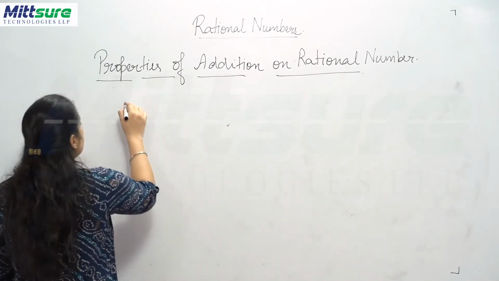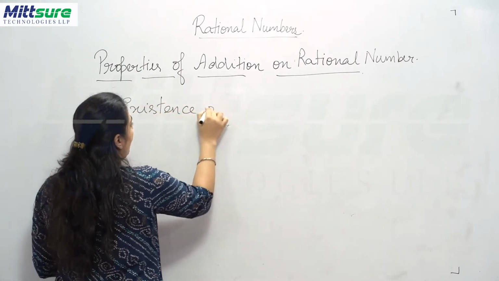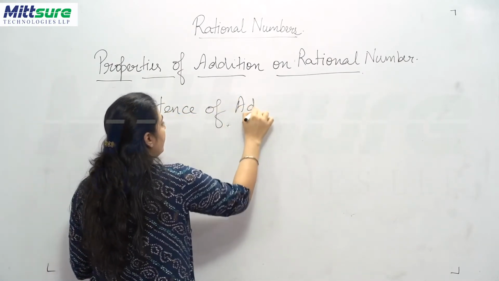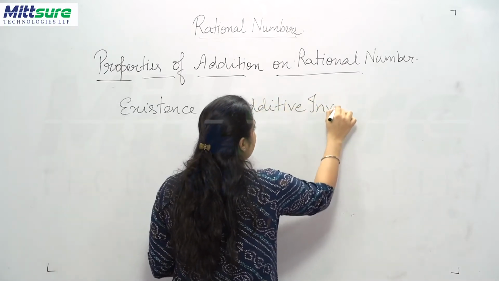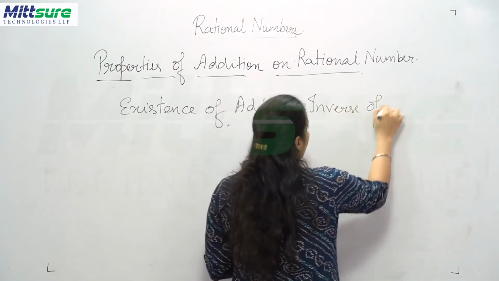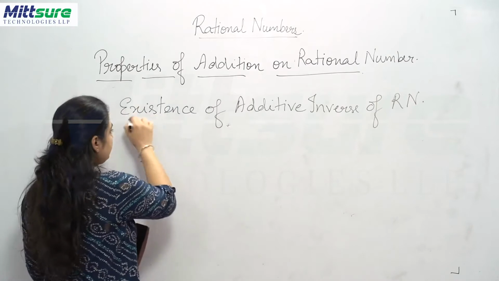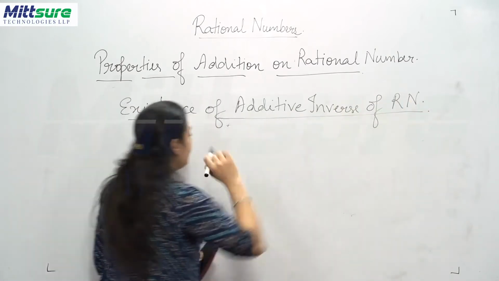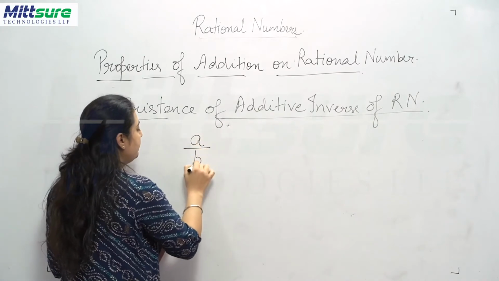So the property is existence of additive inverse of rational numbers. Okay. So let's say if suppose I have a rational number a upon b.